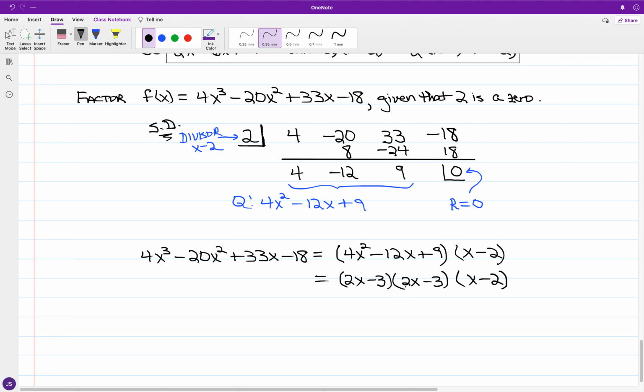You're going to have a repeating binomial expression, 2x minus 3. So the condensed form is 2x minus 3 quantity raised to the second power, times x minus 2. And that will be the result for this one.